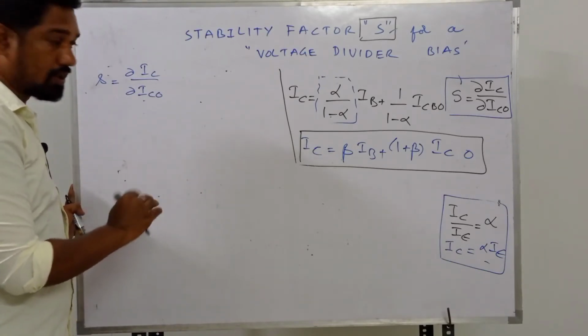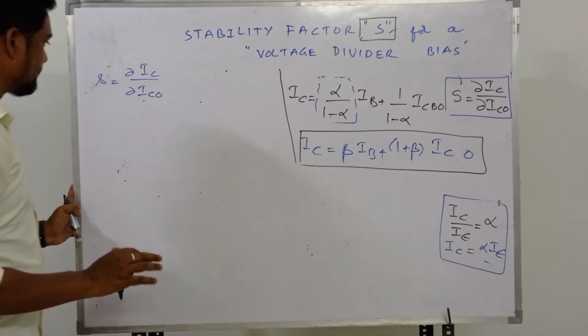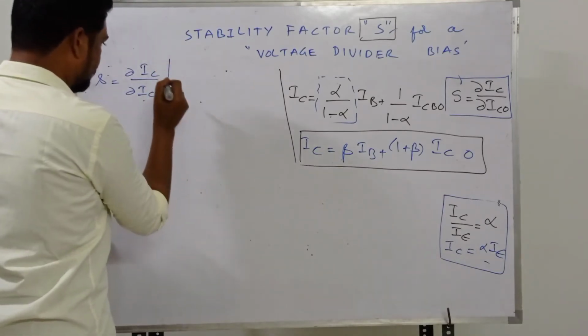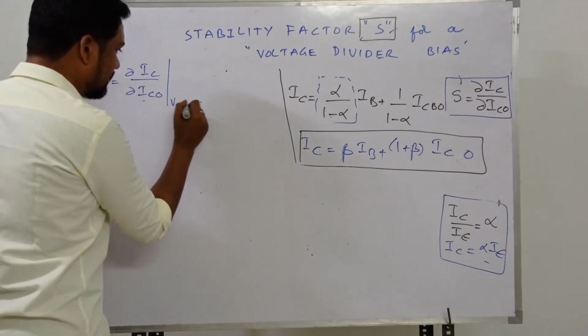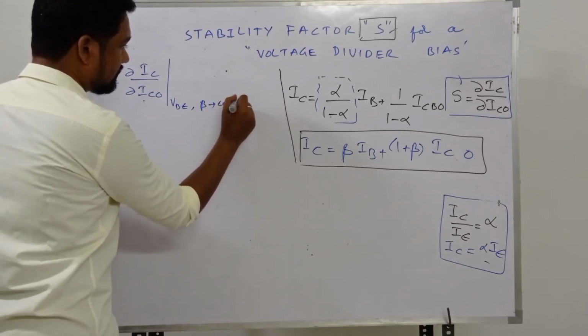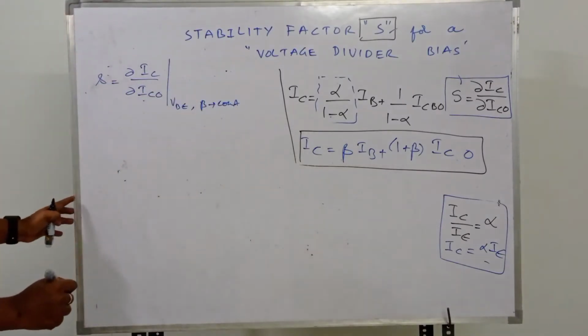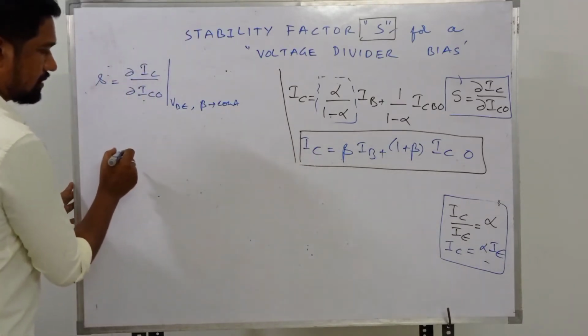In general, it's ICO, the reverse saturation current. So here, the other two parameters, VBE and beta, are constants. So guys, coming back to this expression, what do we have?